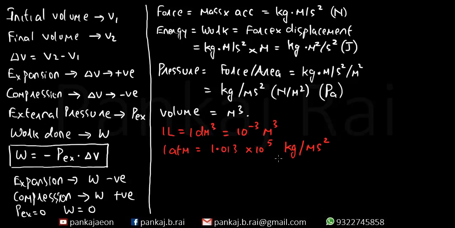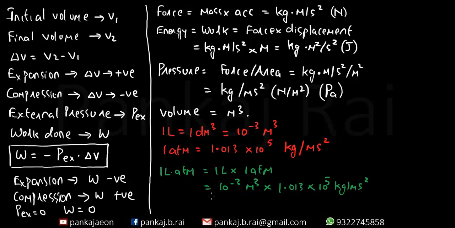Now let us see what 1 liter atmosphere is. 1 liter atmosphere is 1 liter times 1 atmosphere. Now 1 liter, as we know, is 10 raised to minus 3 meter cube, and 1 atmosphere is 1.013 into 10 raised to 5 kg per meter second square.